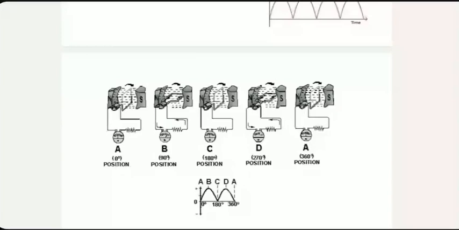Only thing is, here I am assuming that the commutator is present, so the output has no negative half. It is unipolar output that you are watching. Polarity is always positive, although it is not DC output, but it definitely is not AC. This is called rectification.